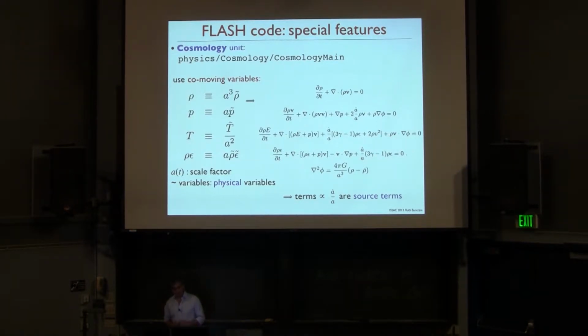So this is the technical magic behind doing cosmological simulations with the Flash code. Every time step, the physical variables can be recomputed just by multiplying with the right power of the scale factor.